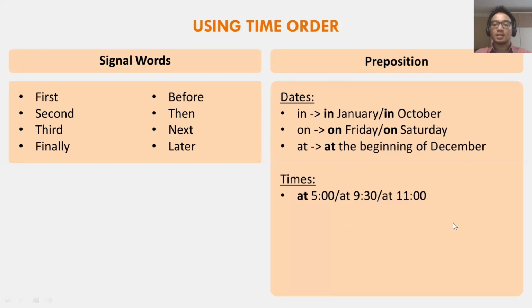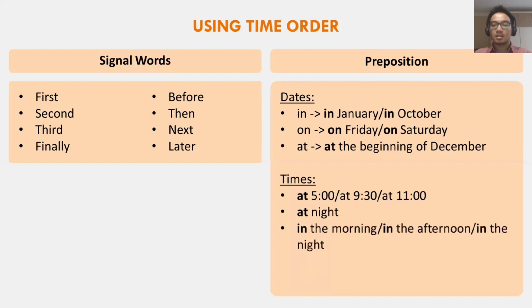We use at. And we could also use at to show night, at night, without the, different from morning and afternoon. Then we could use in followed by the: in the morning, in the afternoon.